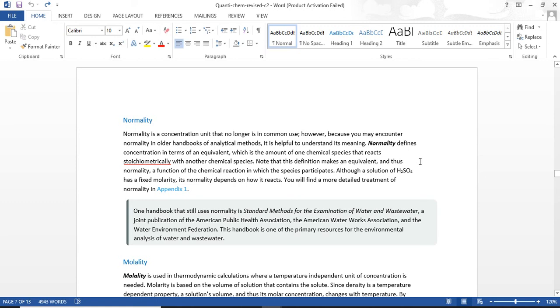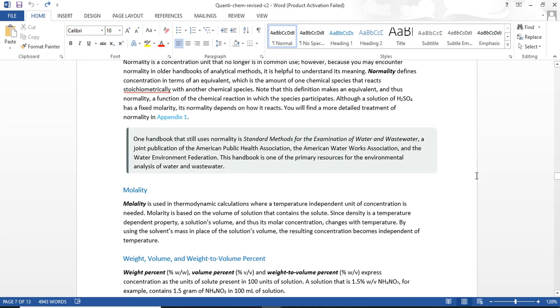Although a solution of hydrogen sulfide has a fixed molarity, its normality depends on how it reacts. You will find a more detailed treatment of normality later. One handbook still uses normality: Standard Methods for the Examination of Water and Wastewater in the United States.